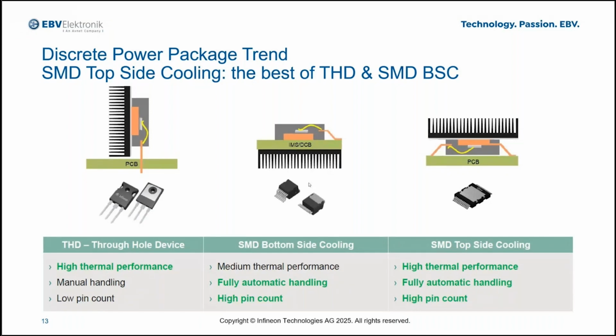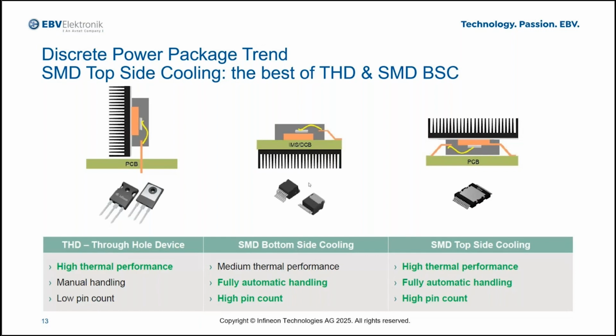So the thermal resistance part is impacted by this. On the other hand, SMD devices enable fully automatic handling, which is good for high volume production, and a high pin count, as we said, reduces inductances and increases the current which can be extracted out of the package.